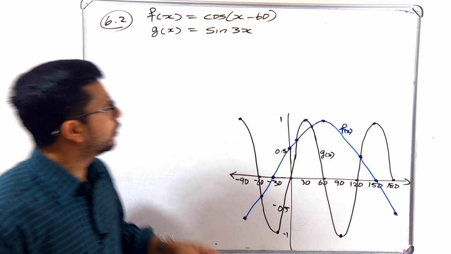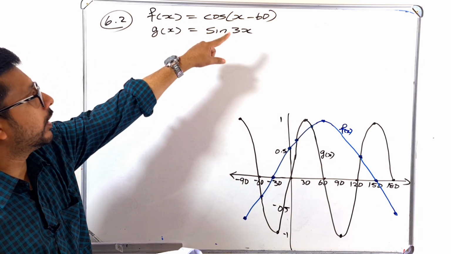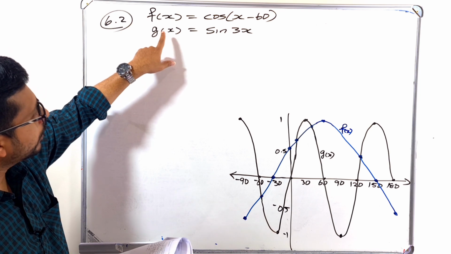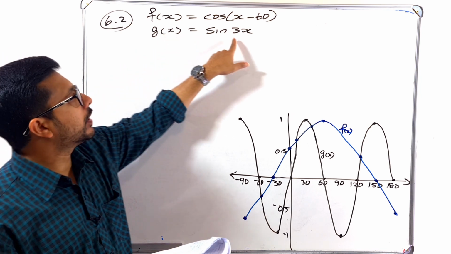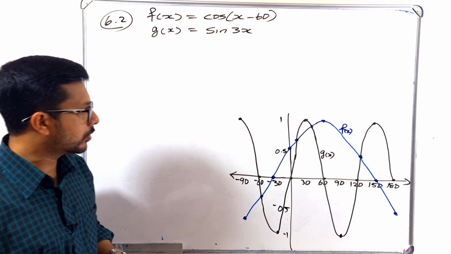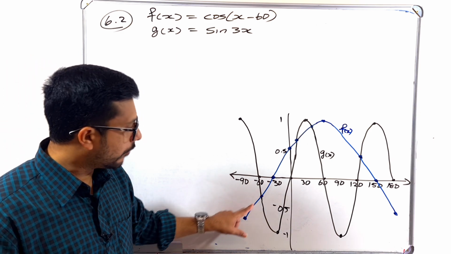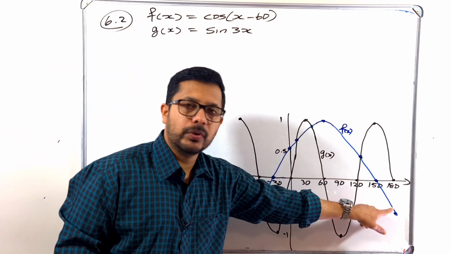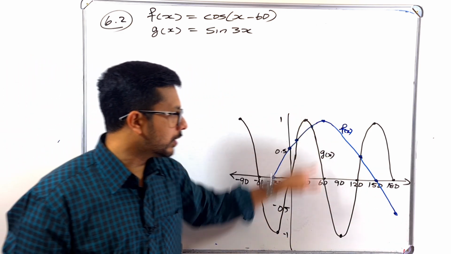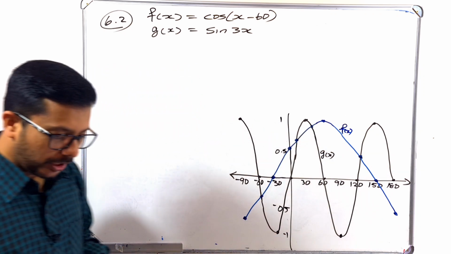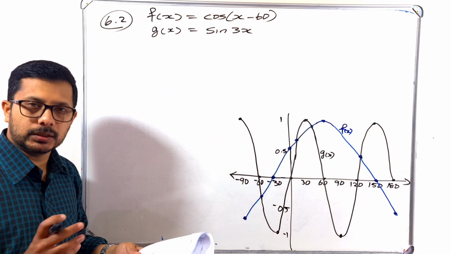So f of x is cos of x minus 60, and g of x is equal to sine 3x. Based on this graph, you have to answer the remaining questions.